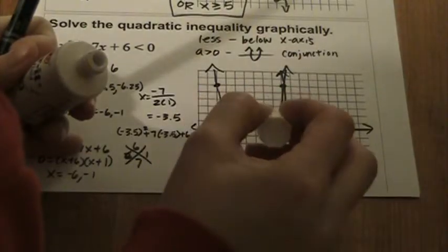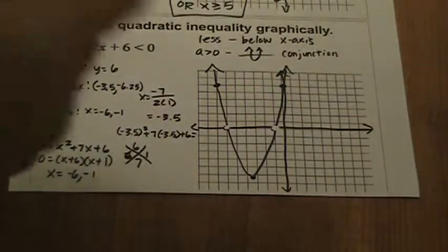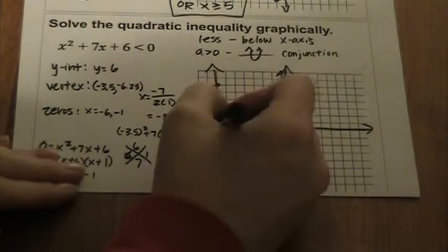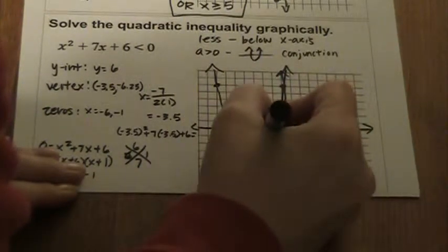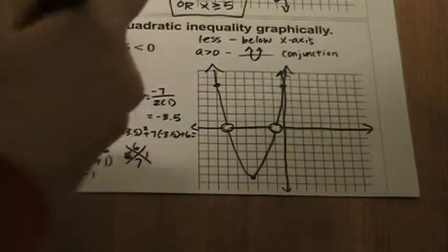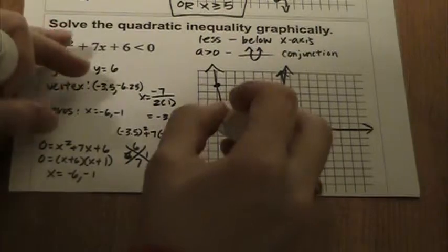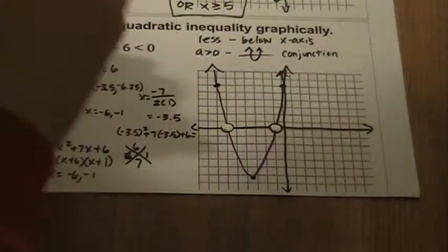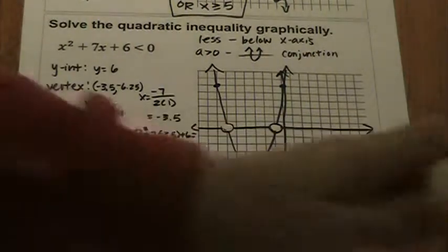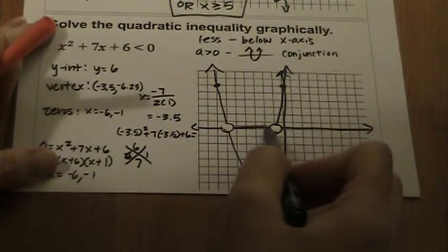White that in. And then make it obviously an open circle here, and an open circle there. And then I need to darken in between those two intercepts. So I will do that with a different color so it shows up on my graph. So I'm going to use orange.